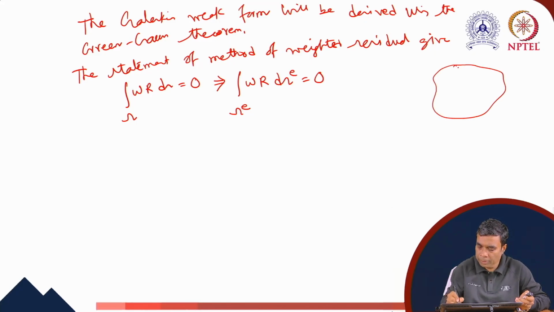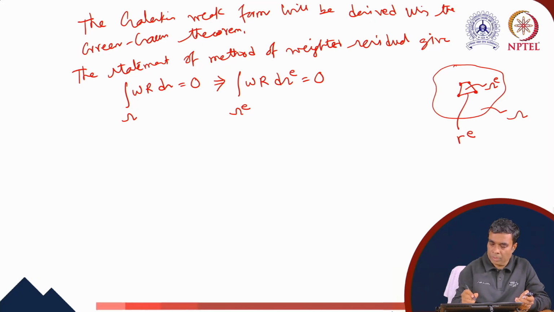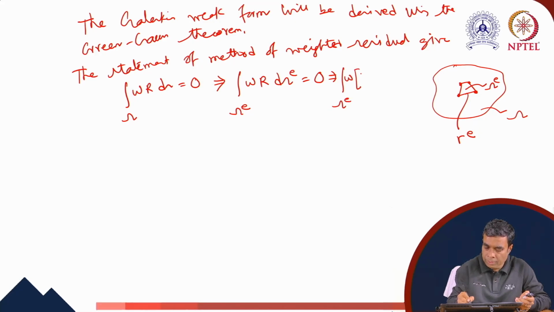So this was the domain. In this domain, we have considered one arbitrary element. So this domain is omega e and its boundary is gamma e. Now, over this element, this integral form is valid, which we write as integral over omega e w into k del square t plus q d omega e equals to 0.